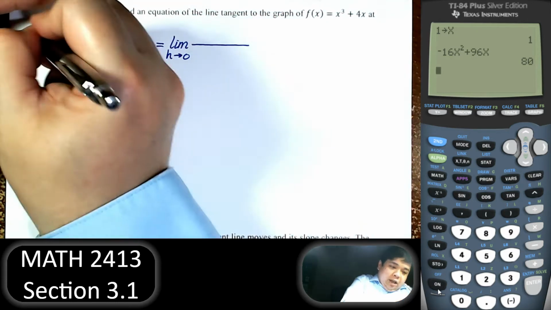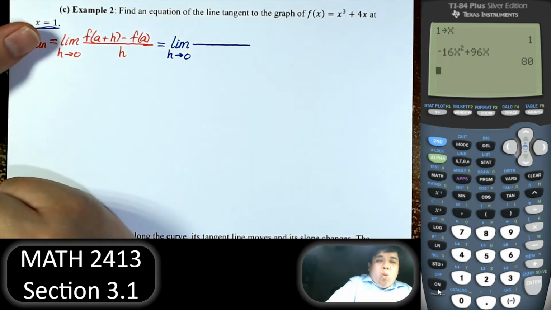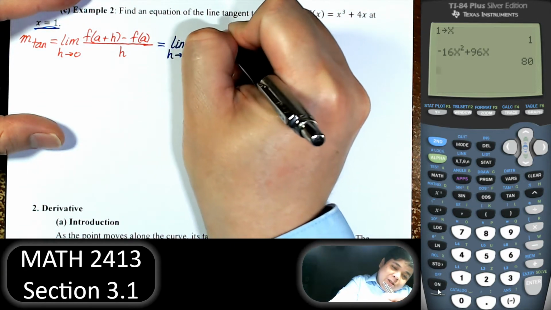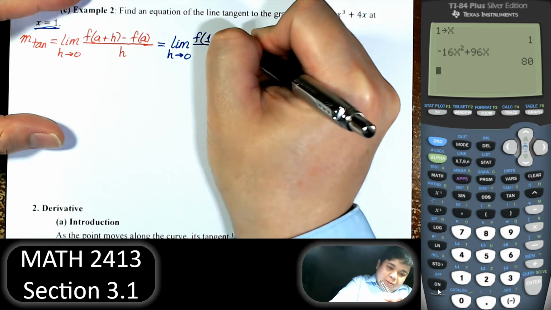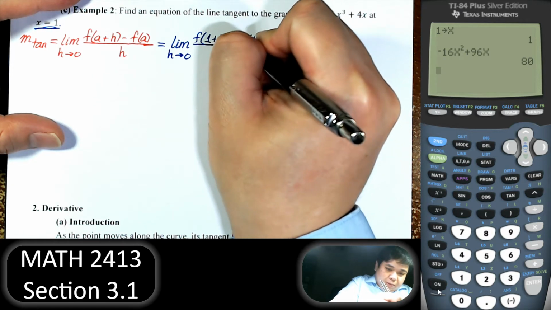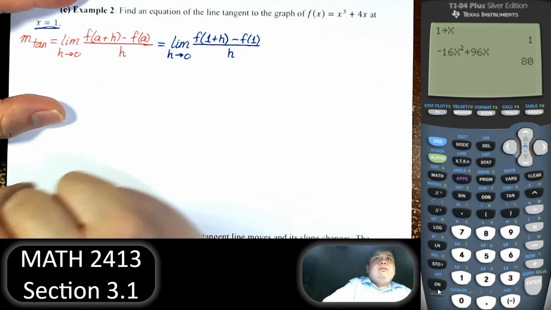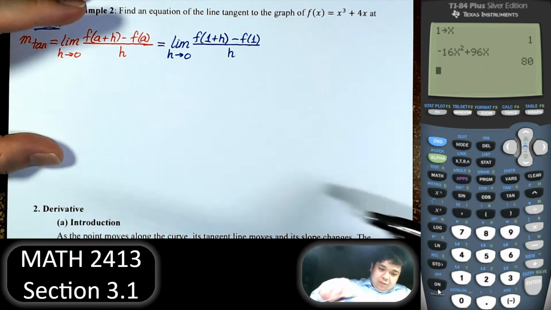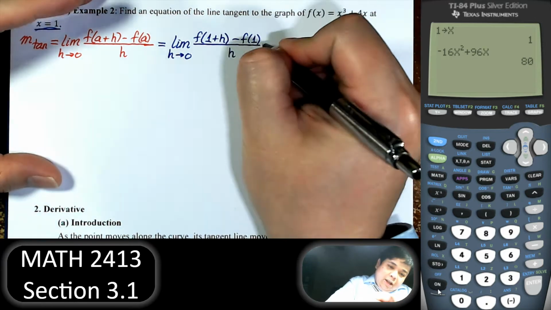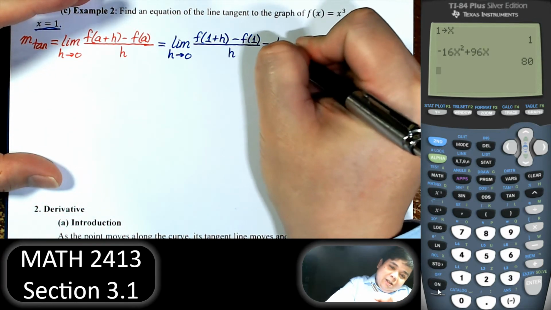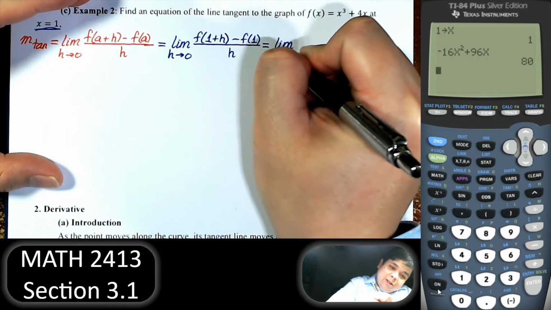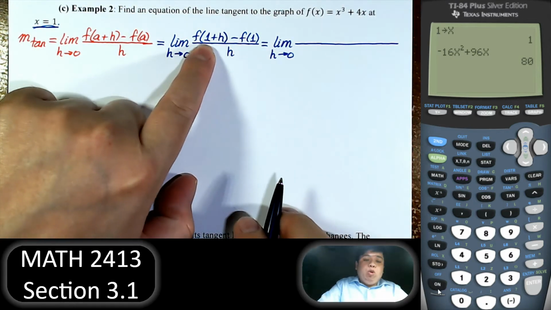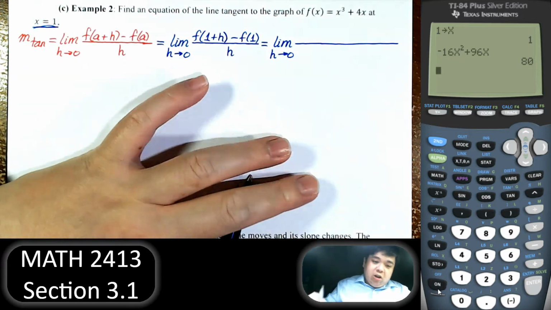Now a is 1. Right. And then we're going to put 1 plus h into the function instead of x.